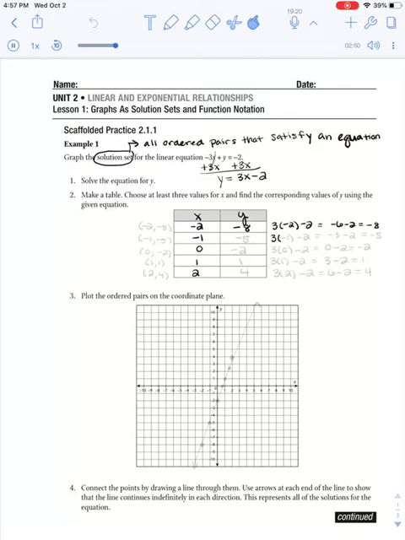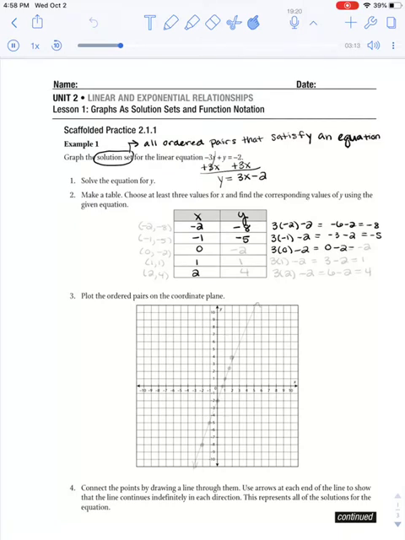So let's plug in negative 1 for x. So 3 times negative 1 minus 2. Well, that's negative 3 minus 2. So we would get negative 5. All right, if you plug in 0 for x, 3 times 0 minus 2. Well, 3 times 0 is 0.